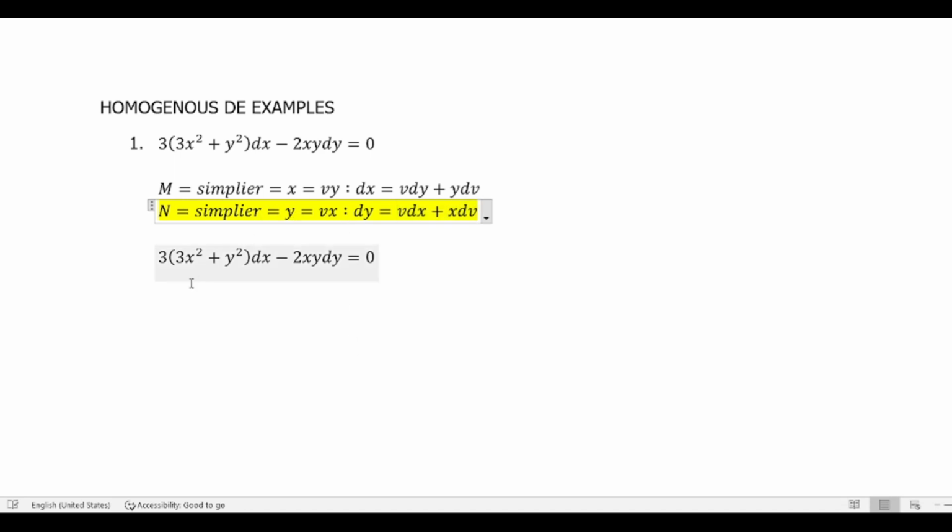So here we have y, which we change into vx. This one also has y on it, so we can do vx as well. And dy, the derivative of y, we change into v dx plus x dv.